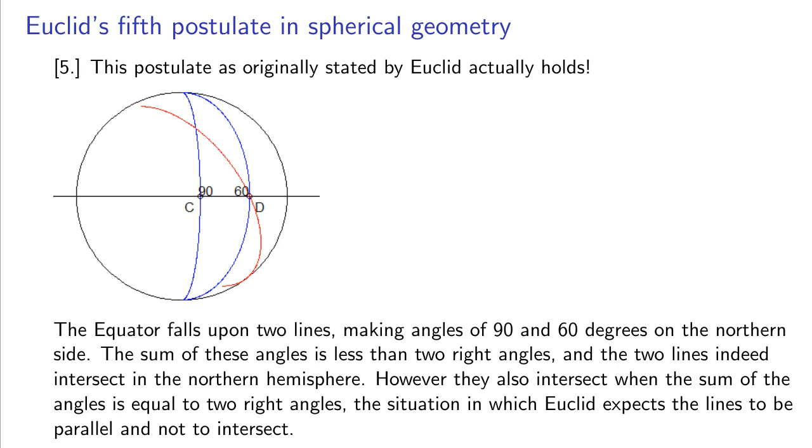Euclid's fifth postulate says if the sum of these two angles is less than two right angles, that is less than 180 degrees, the lines will meet on this side. That's true. Euclid never bothers to say if the sum is exactly two right angles, the lines will never meet because they're parallel. He clearly implies that, and that's not true in spherical geometry. If I change this angle from 60 degrees to 90 degrees, these meridians still meet at the North Pole.